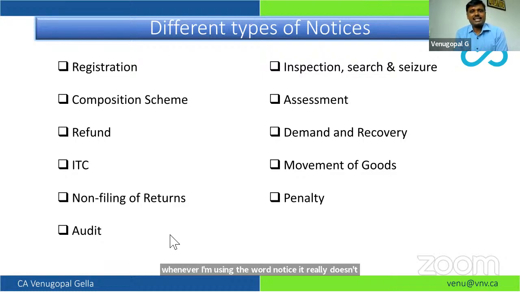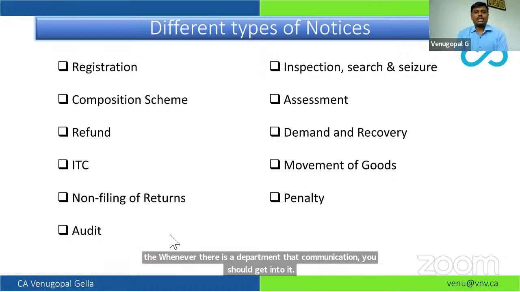Unless I say it is SCN, it is not a show cause notice. Now, what should you be worried about whenever there is a communication? Definitely, whenever there is a communication from the department, you should attend to it. You should always be on top of communications that are coming from the department.